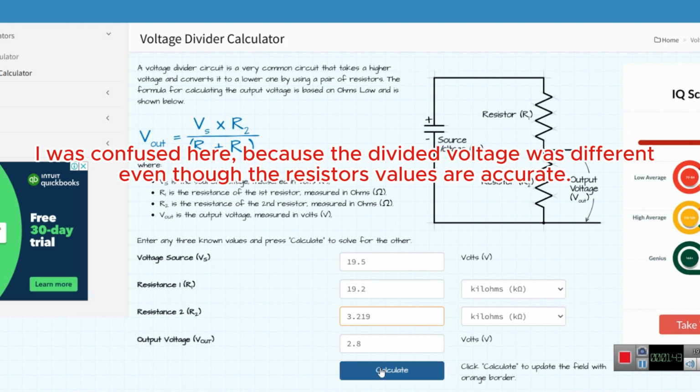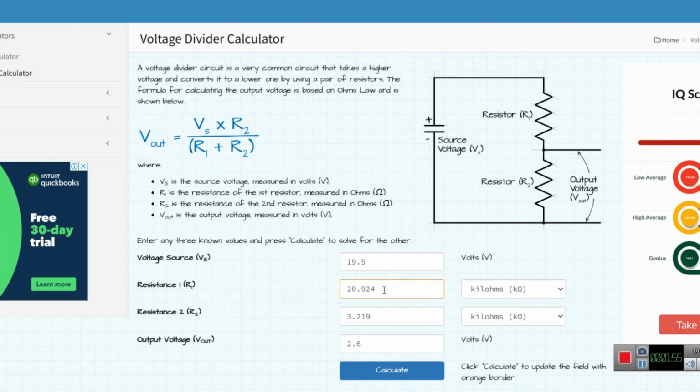19.2. If I wish to change to 2.6 volt, then the R1 resistance should be 20 kilo ohms. So I guess the resistance values of the first and second resistors are okay.